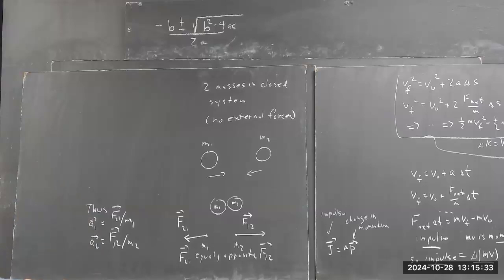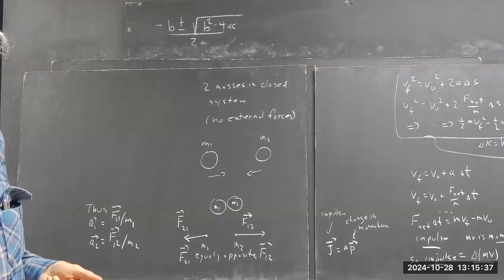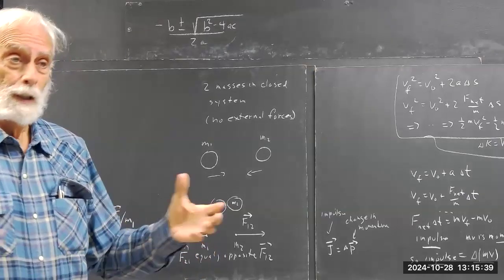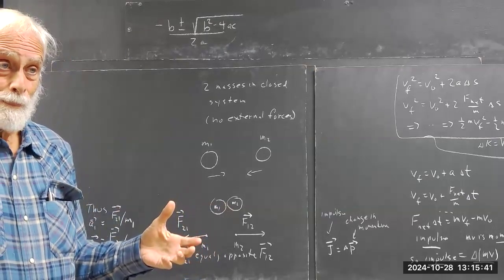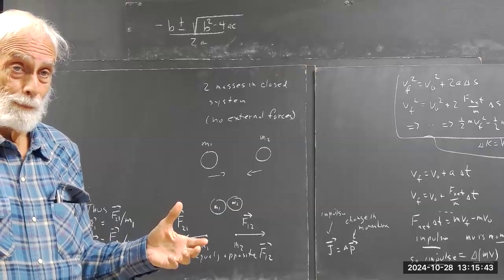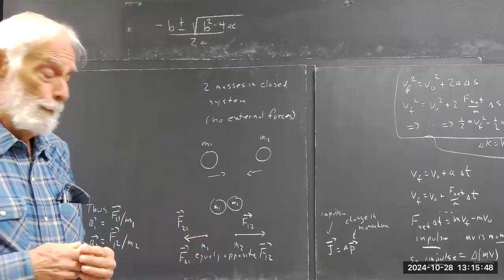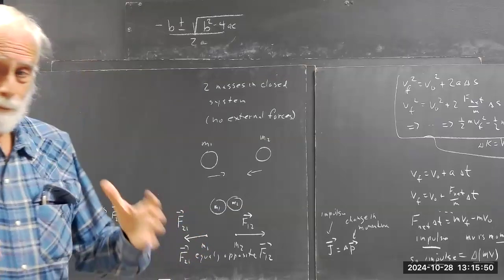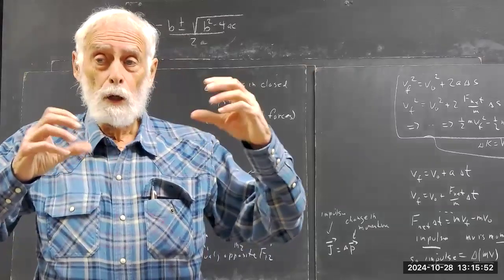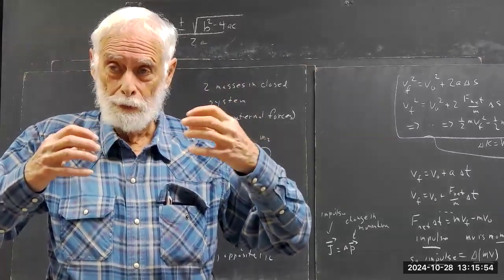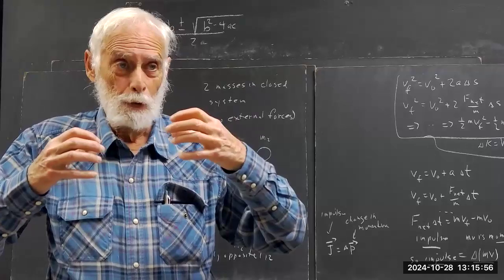Now there's a little more. What's the change in velocity? The change in velocity is the average acceleration times the time interval. Why do I say average force? Well, two balls come together. Just imagine my fingers grasping the two balls.